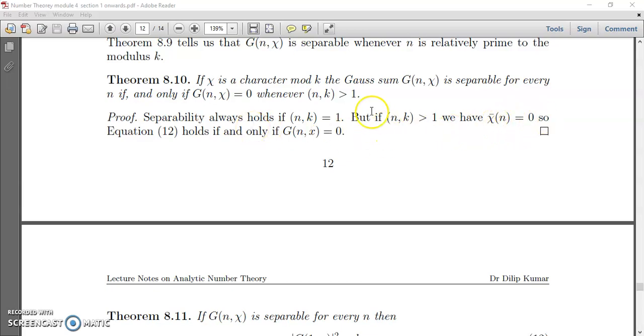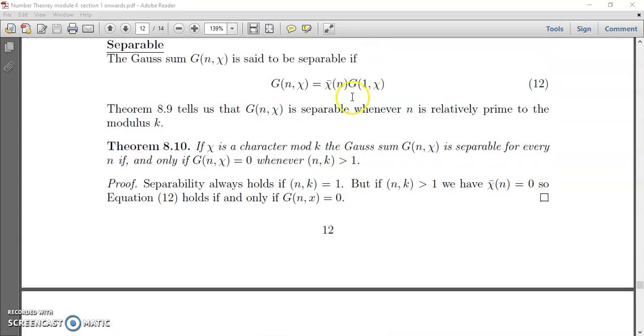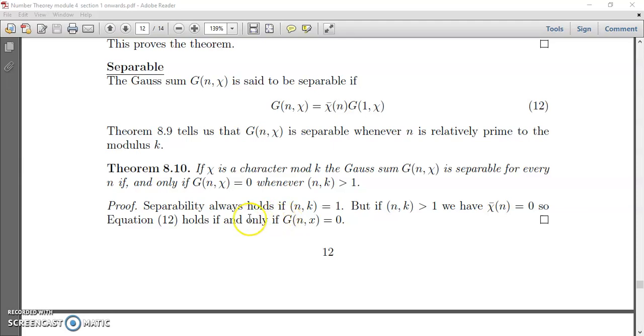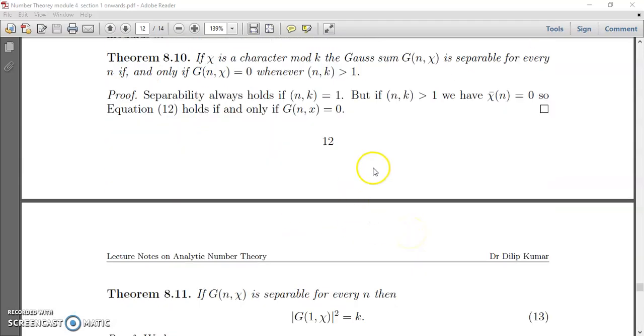So from the definition of separability, we have g of n, chi is 0. So in all cases when the GCD of n and k is greater than 1, g of n, chi is 0. Hope you understood this theorem.